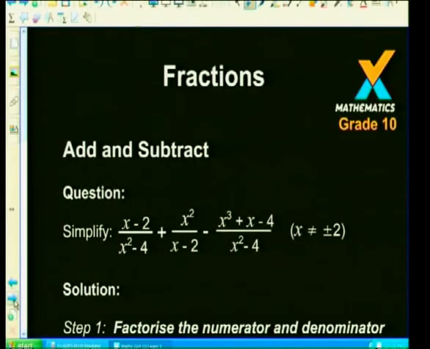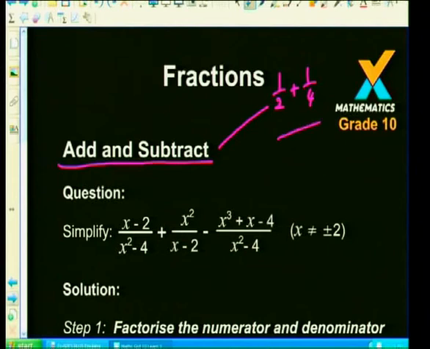Here we're going to add and subtract. Now remember, back in the dark ages when you were in primary school and you had something like that, you had to have a lowest common denominator, and you multiplied things out to get, in this case, 3/4. What I'm trying to emphasize is that lowest common denominator. Now, in the example I used, I had a denominator of 4.